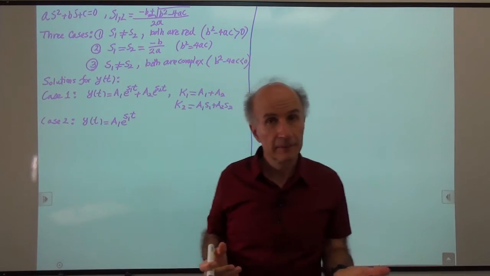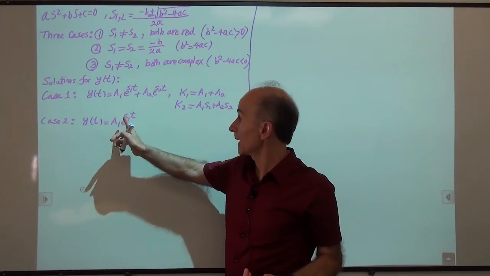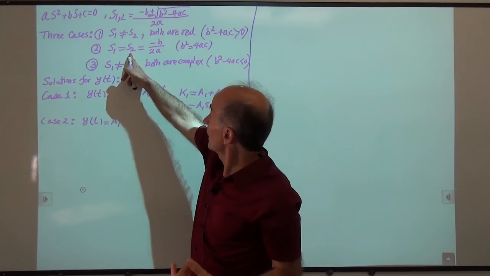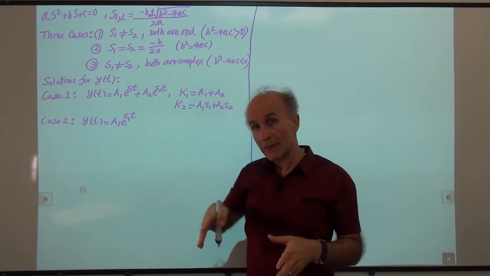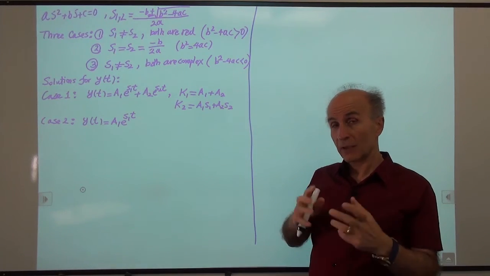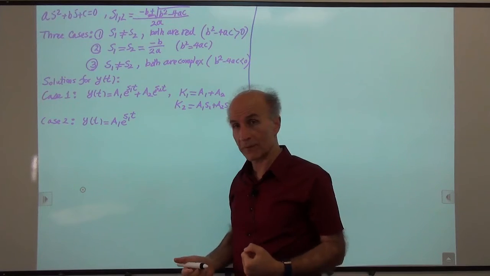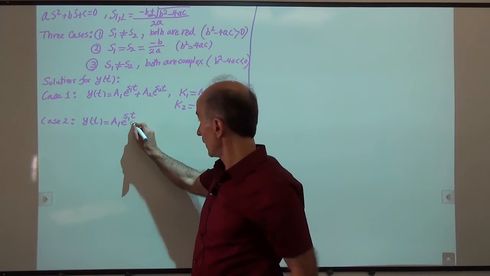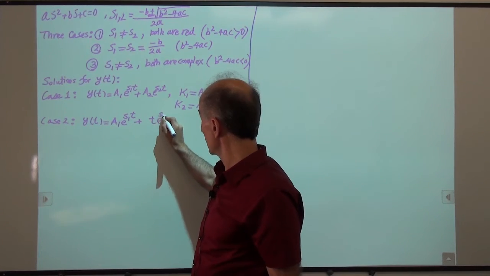So is that enough? That definitely satisfies the system, right? Because this s1 is coming from here, and that comes from solving this, so it should satisfy the system. But it turns out that this is not the complete solution to the system. The system actually can support or sustain another type of response, and that type of response looks like this: t e to the s1t.